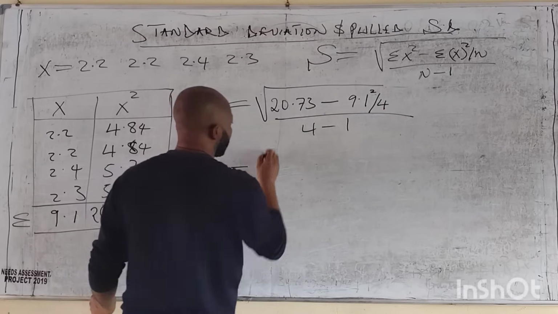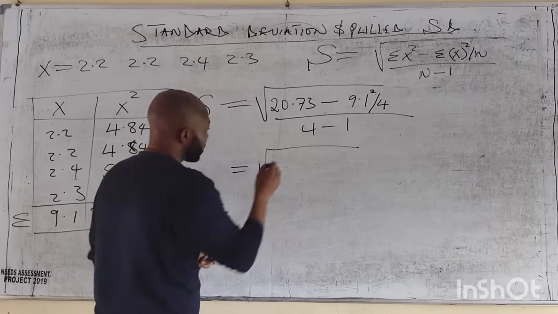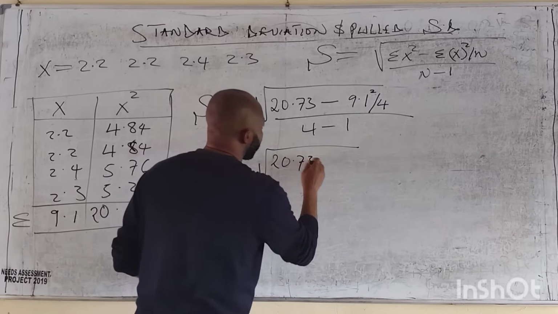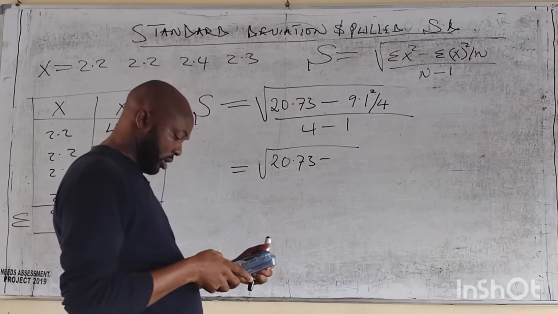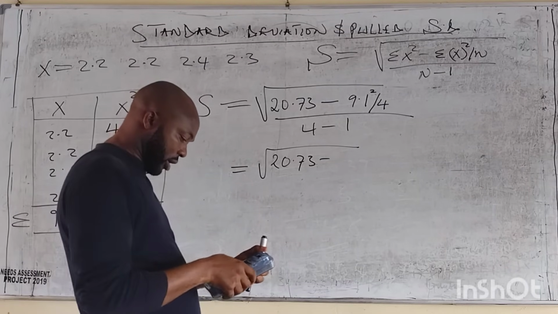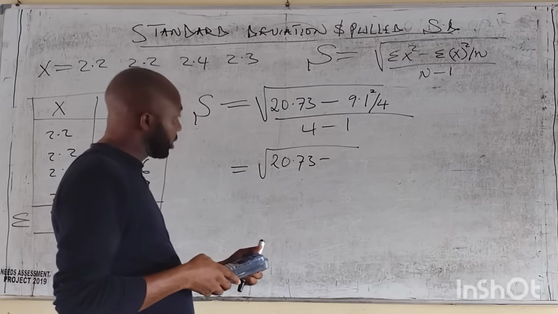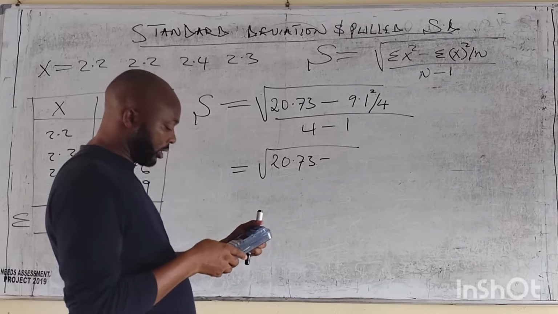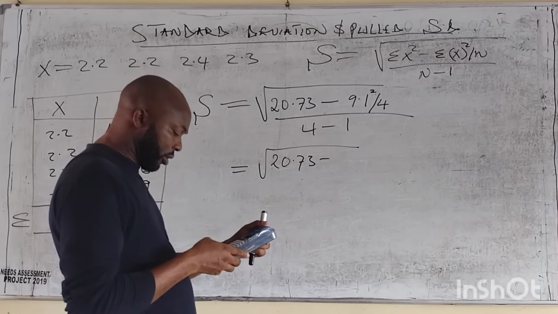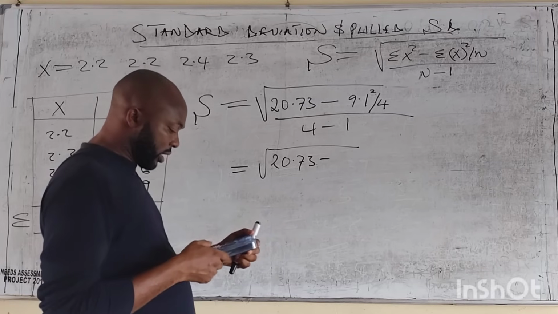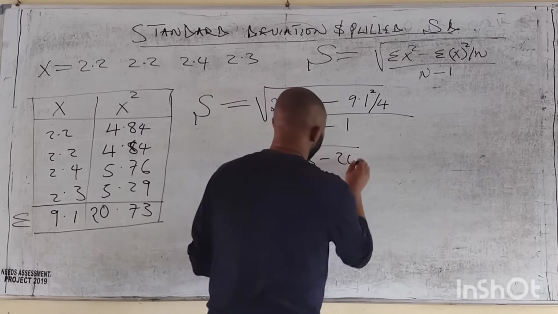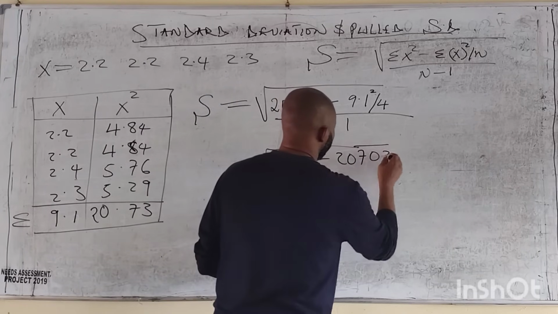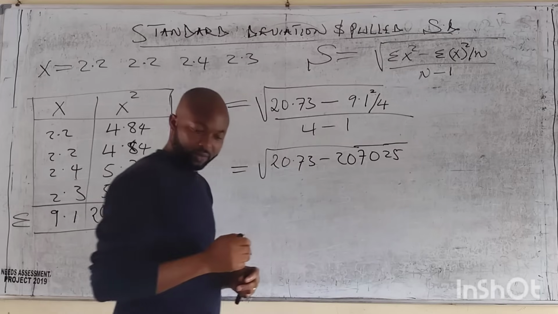And this is equal to 20.73 minus 9.1 squared. 9.1 squared is 82.81, divided by 4 is 20.7025.